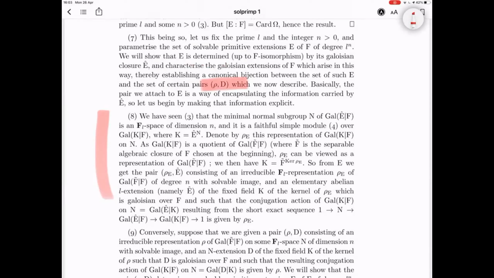You have this E hat over F, and N is a minimal normal subgroup. We know that it's an F_L space of dimension n, and it's a faithful simple module over this Galois group of K over F, where K is the fixed field of N. I wish I had this pen which worked, but somehow it's not working.